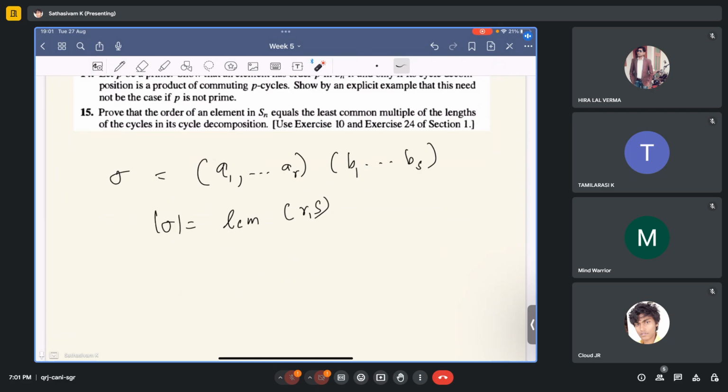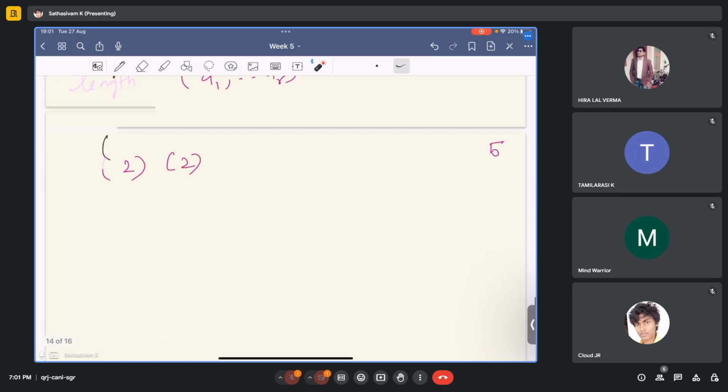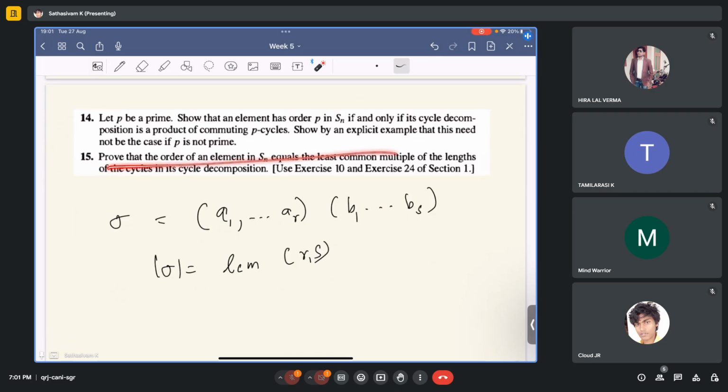If I have sigma written as a product of disjoint cycles, let's say with lengths R and S, then the order of sigma is nothing but the LCM of R and S. If you have cycles C1 to CT, you take the LCM of all those lengths. For now, let's just assume this statement.